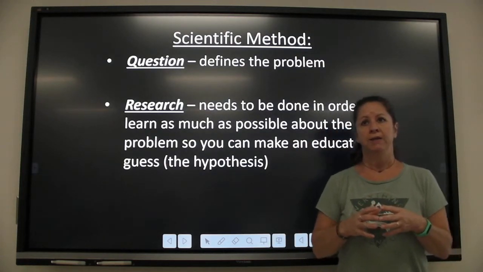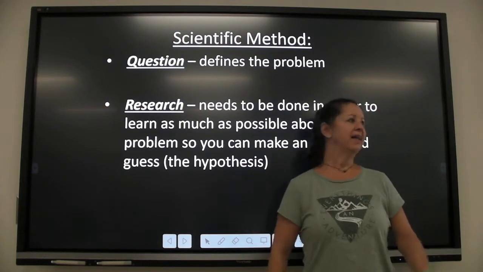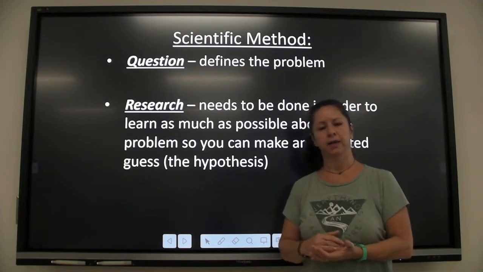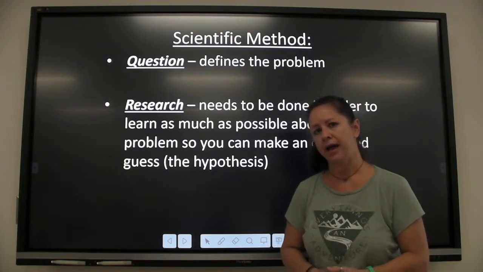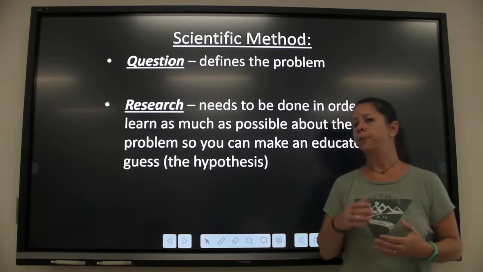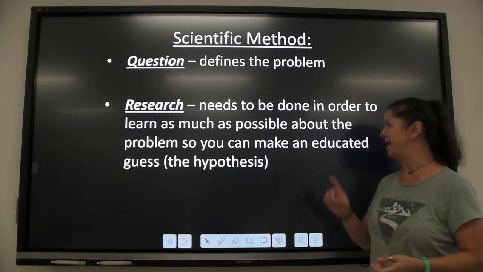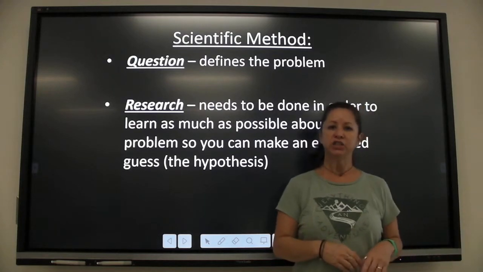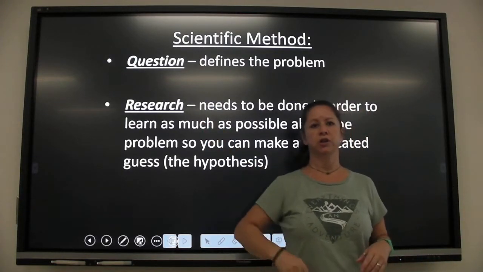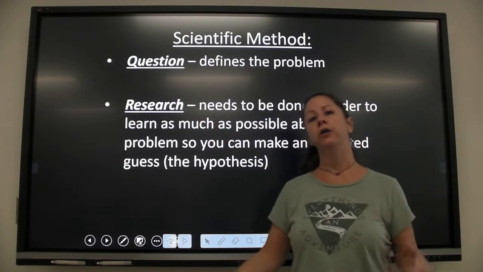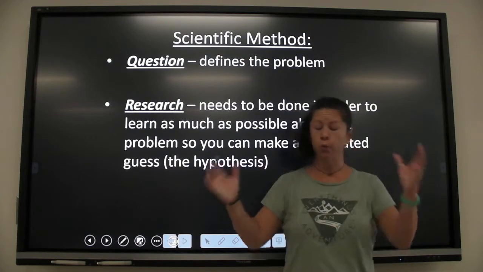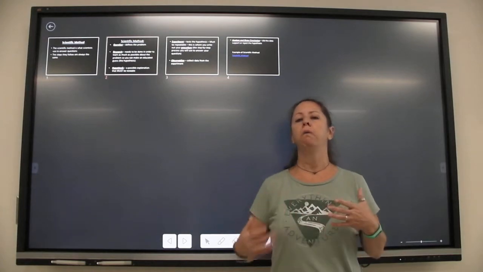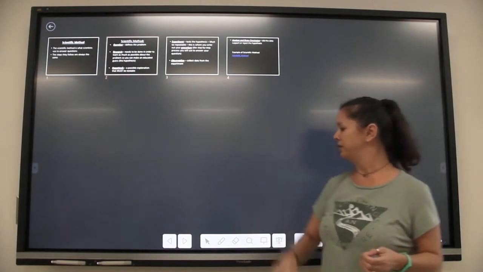If you just go out there and say, well, I think it's because blah, blah, blah, you're not educated, and so you're not actually creating a hypothesis. Your hypothesis needs to be an educated guess. And of course, the way you get educated is you do some research and find out what other scientists the world over, to the best of your ability, already know about the question you're asking.